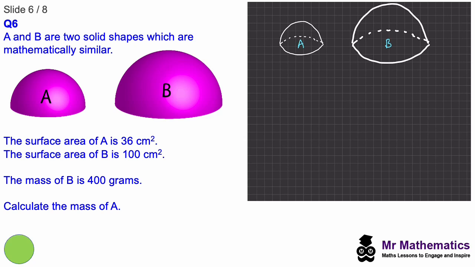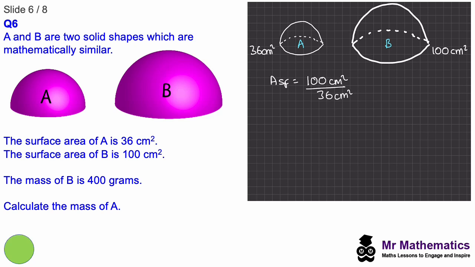For these two similar shapes, we're told that the surface area of A is 36 centimetres squared, and the surface area of B is 100 centimetres squared. So from these two surface areas, we can find the area scale factor, which will be 100 divided by 36.